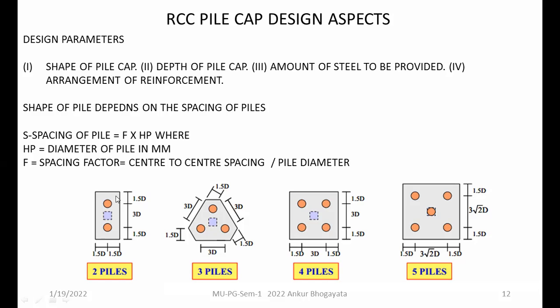But in case of an unnecessarily large area of a pile cap, it will create some problem in flexure. So please have a practice that you do not provide area more than required, right? Likewise, it's up to your choice in which shape you want to provide the pile cap itself.